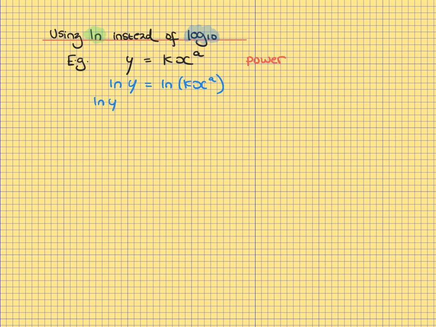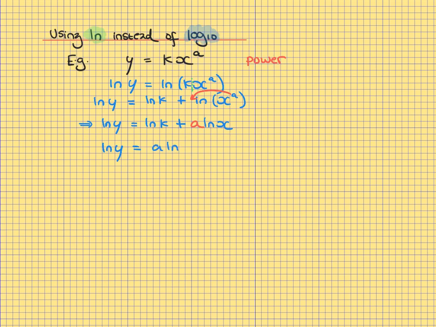Let's now simplify the logs on the right-hand side. We can see we've got a product here. So ln of k plus ln of x to the power a. And again, ln of y equals ln of k plus, and we can pull a down to the front, a ln x. As you know, it's nice to do a little rewrite.